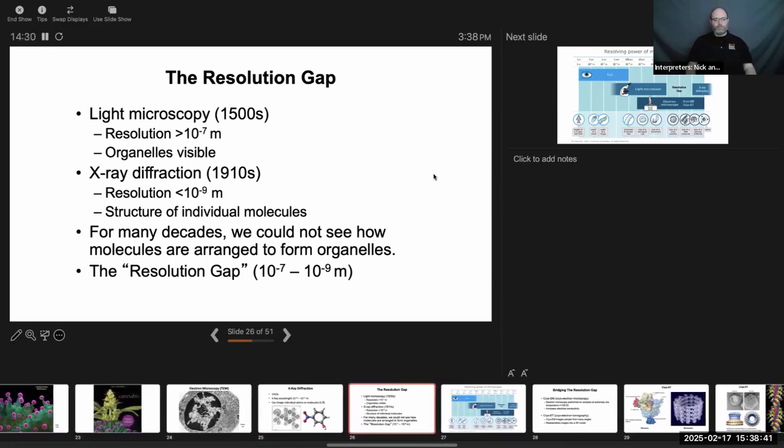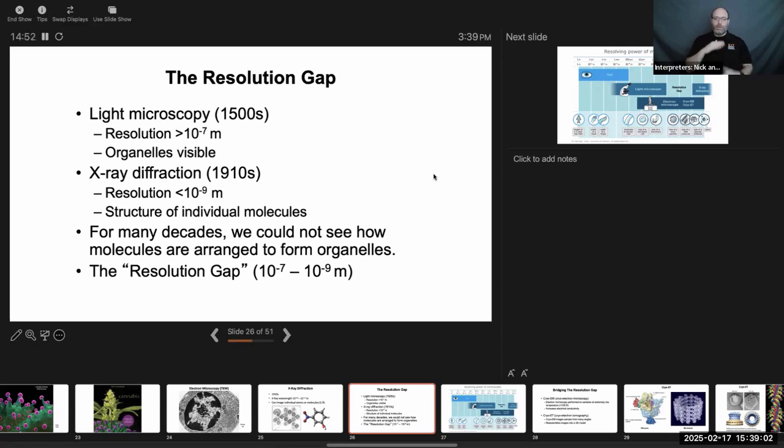For much of the 20th century, anyway, there was something known as a resolution gap. Remember that light microscopy is very ancient. It goes back to Renaissance times, back to the 1500s. But even with further refinements in light microscopy, it hit that theoretical lower limit.